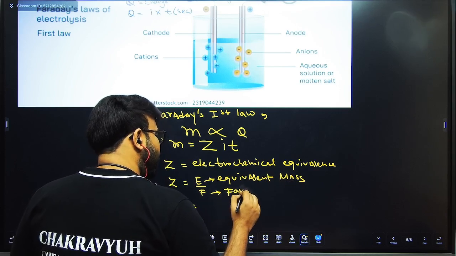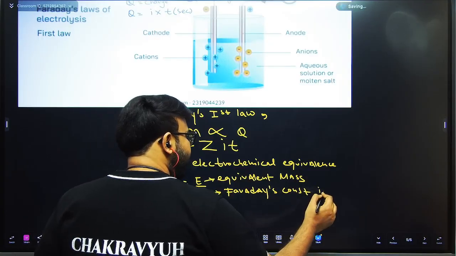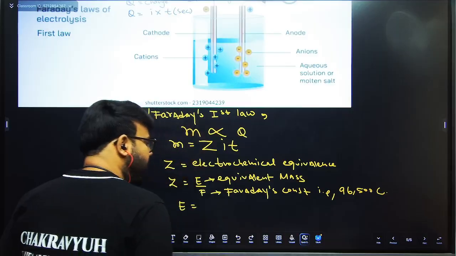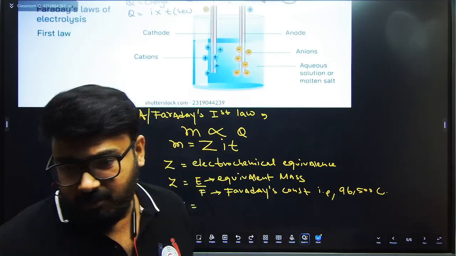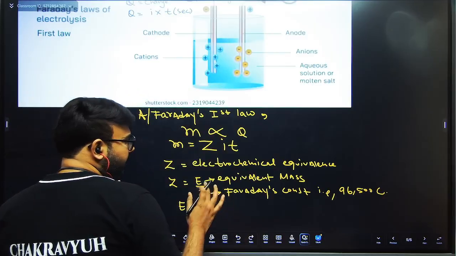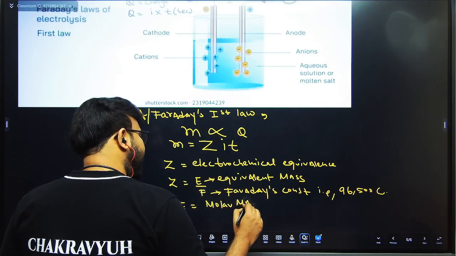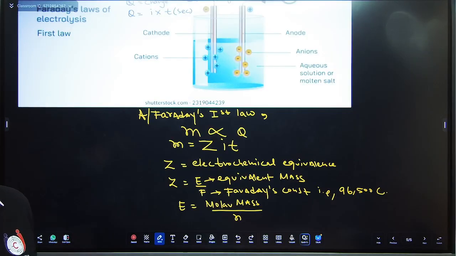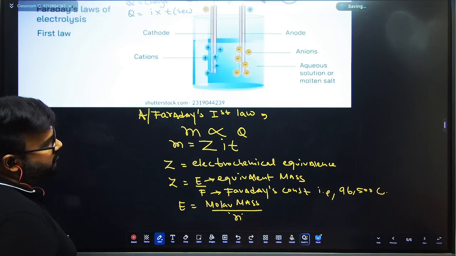Faraday's constant, 96,500 coulomb. Remember, Faraday's constant represents 1 mole of charge. Now, what is the formula for E? Molar mass by n factor, the number of electrons transferred in the reaction. You have studied this, right?